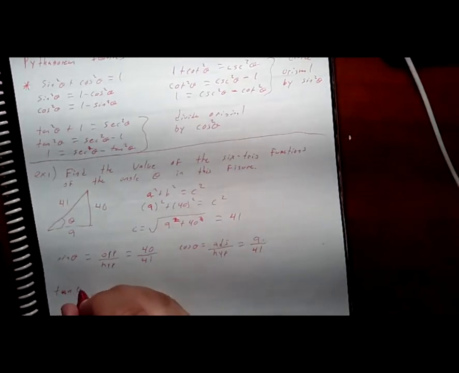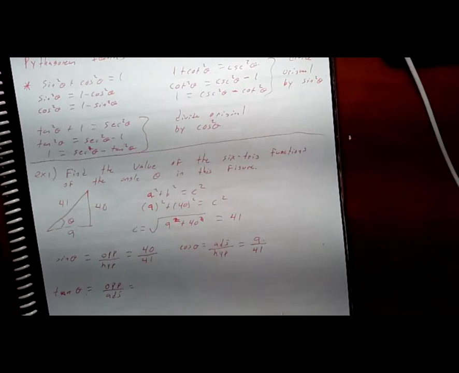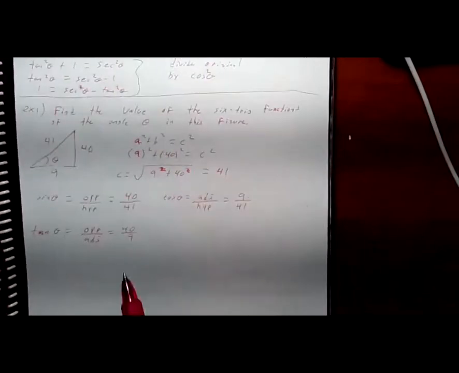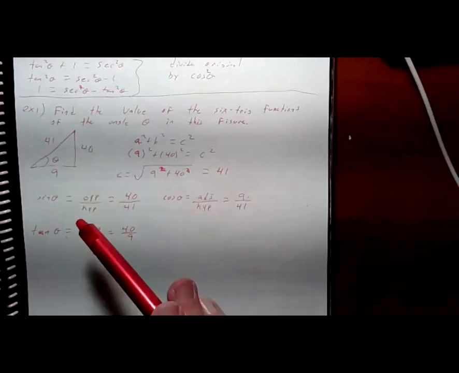Let's make some space here. Tangent theta is equal to opposite over adjacent, which will be 40 over 9. And you just look at the triangle. 40 over 9. The sine, cosine, tangent.